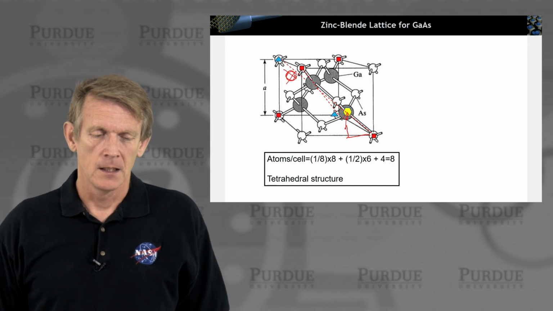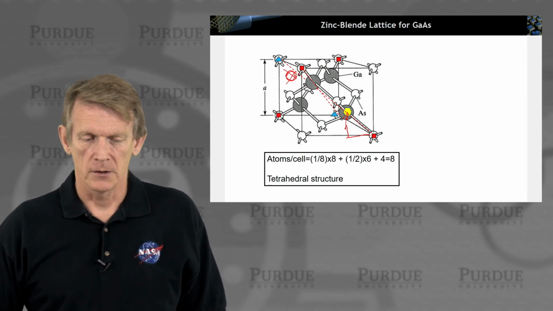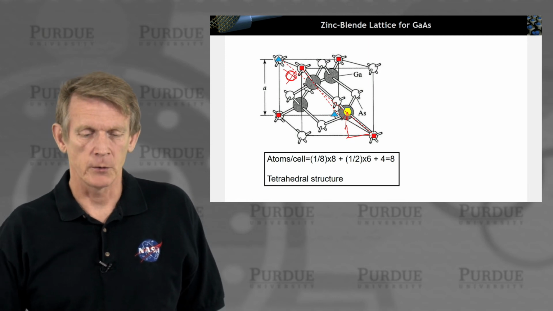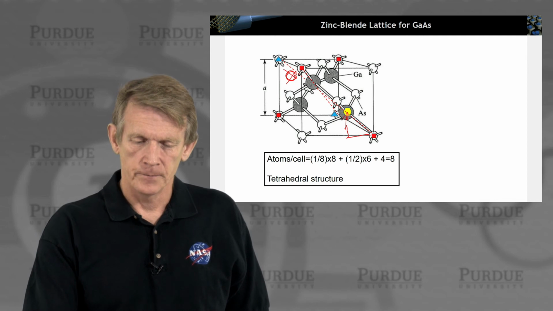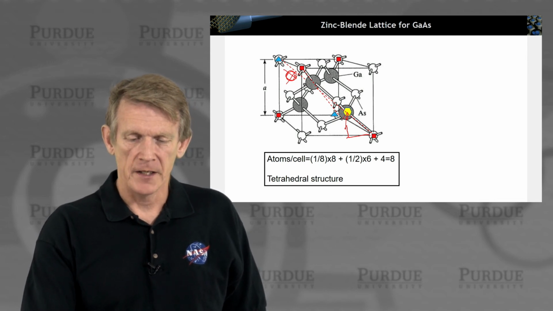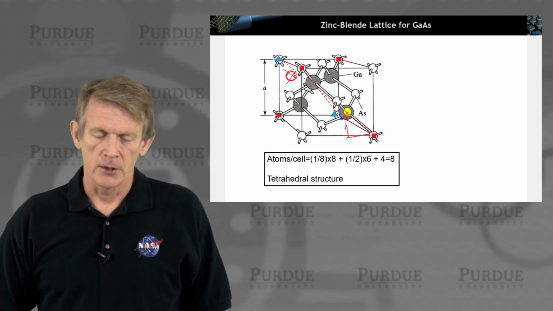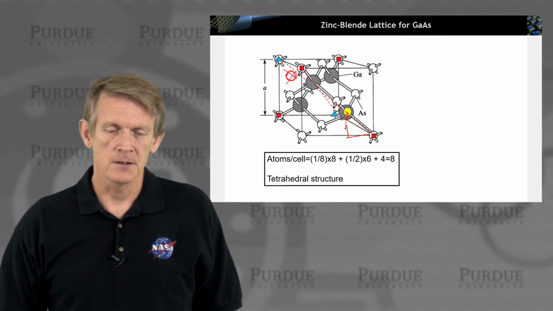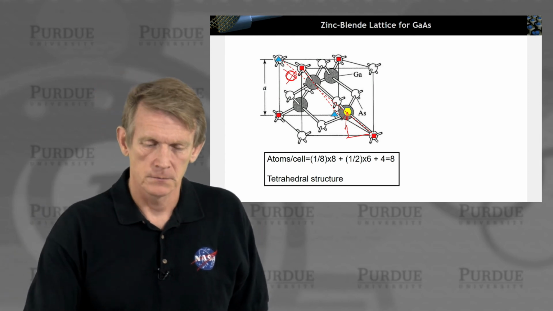We have 8 atoms per cell on the corners. They go over 1/8. And then on each face, we have gallium atoms. We have 6 faces and half a gallium each. Plus we have arsenic, my mistake.